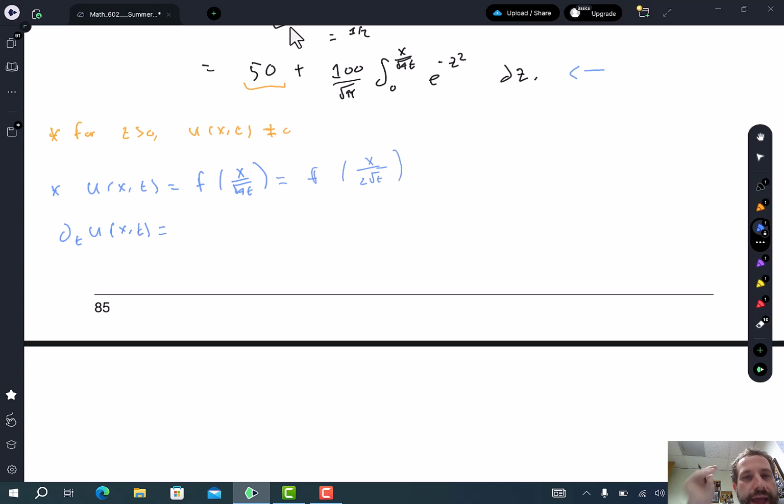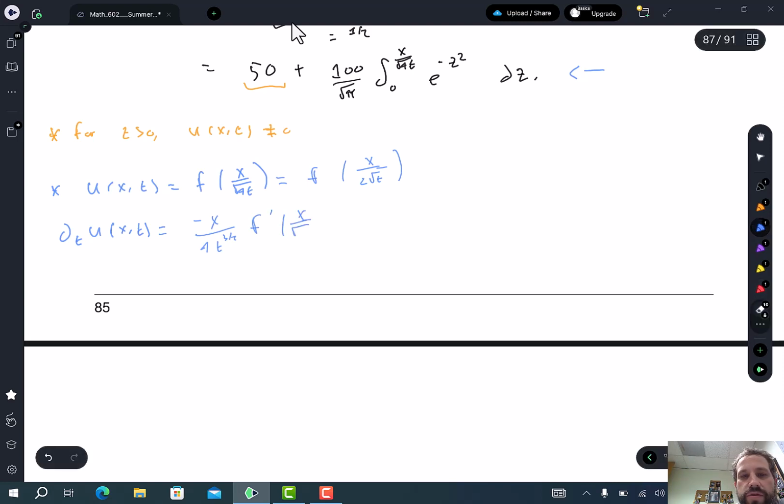And so when I do the derivative of the inside, we're going to get minus x over 4 times t to the 3/2 times f prime of x over the square root of 4t. Or let me just write it again to keep things consistent: x over 2 times the square root of t.